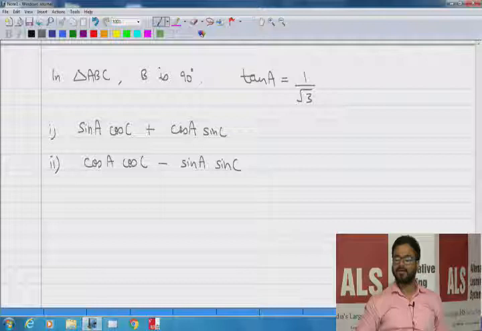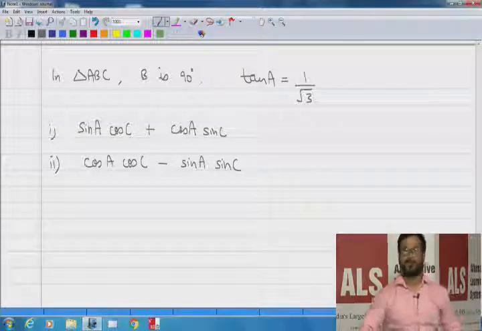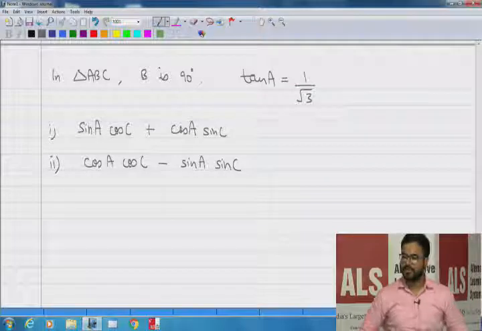Oh, Dimapur. Okay, perfect. So, Shillong Center, you got the answer for the first part and the second part?